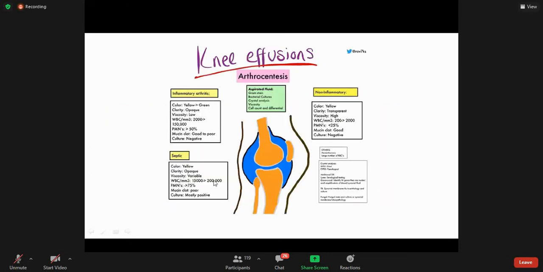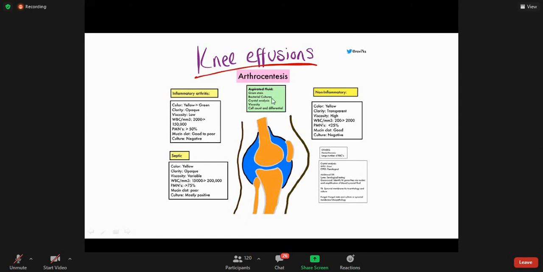Now, this is the consolidated diagram of the previous table. You can take a screenshot of this, and this is the nutshell of that table. It is showing you the appearances of the joint fluid in cases of inflammatory arthritis, non-inflammatory arthritis, and septic arthritis.